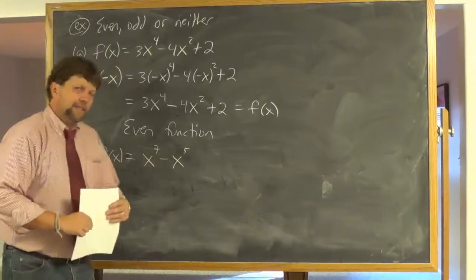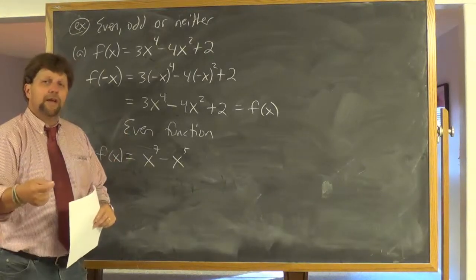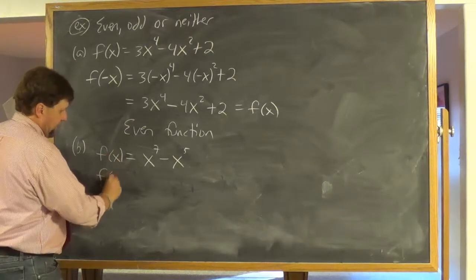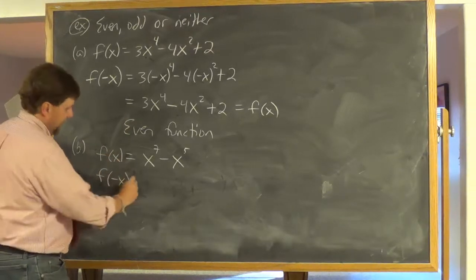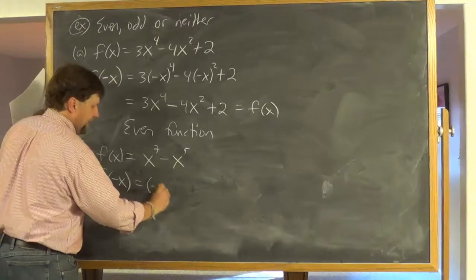Okay, I determine if this is an even or odd function the same way I did in part A, the algebraic way. In other words, I have to evaluate this function at negative x, and when I do, I just replace the x's with a negative x.